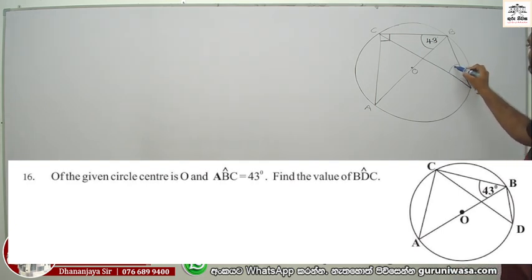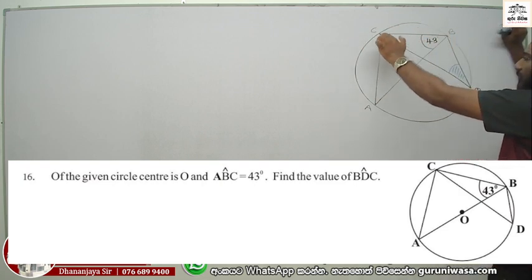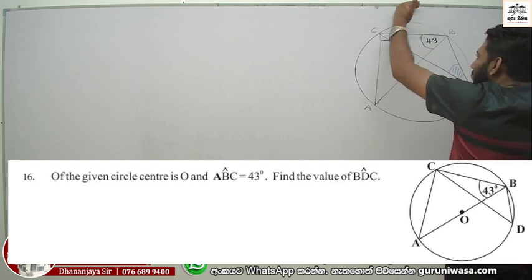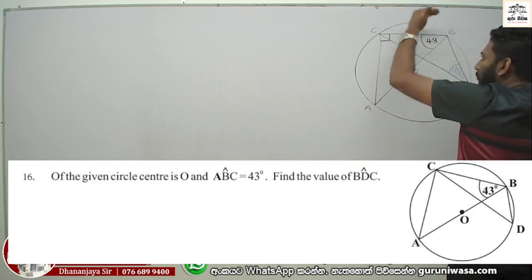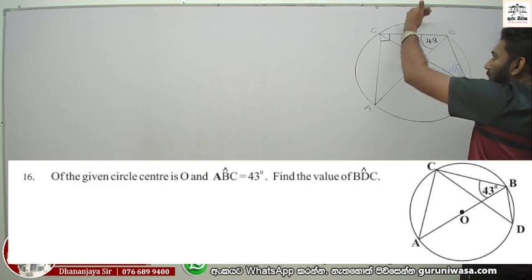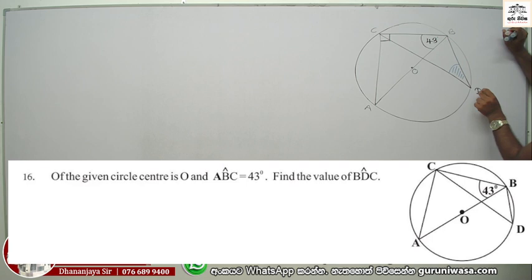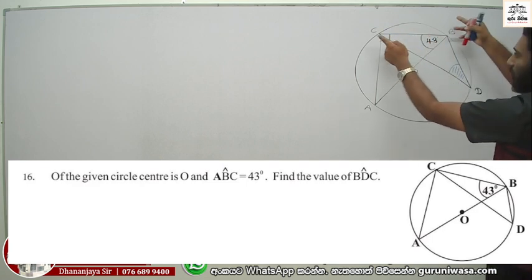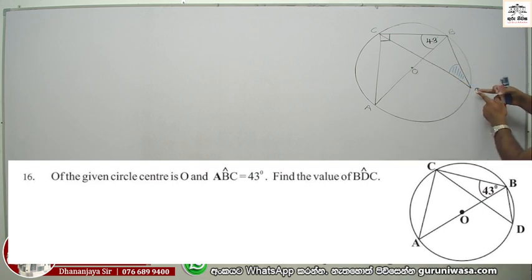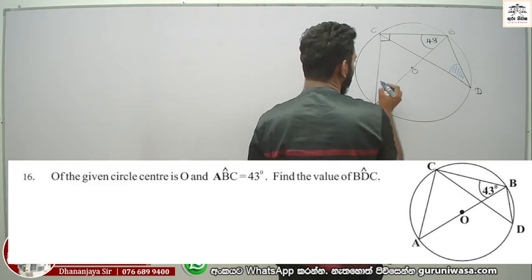This one. And you know, look at this. This is BC, we call it a chord, right? There are two parts of the circle. Now BC divides it into two portions. Now this is the large segment. BC subtends angles here, and BC subtends angles here also.